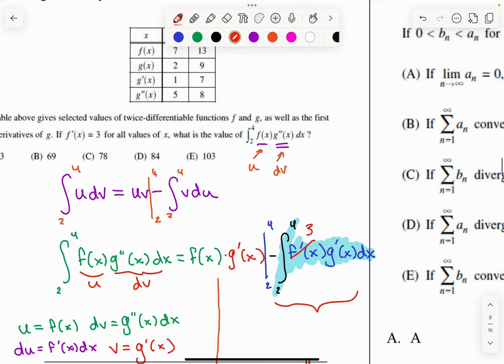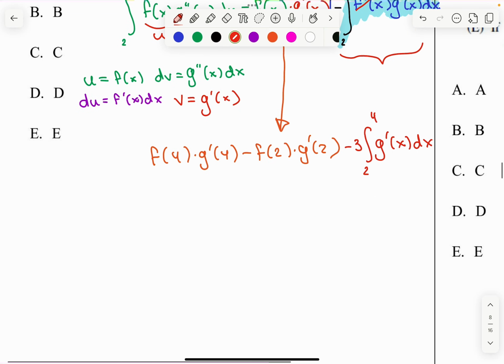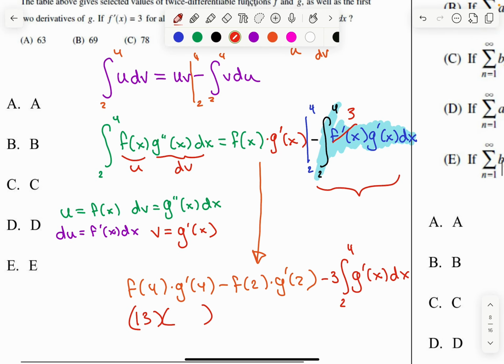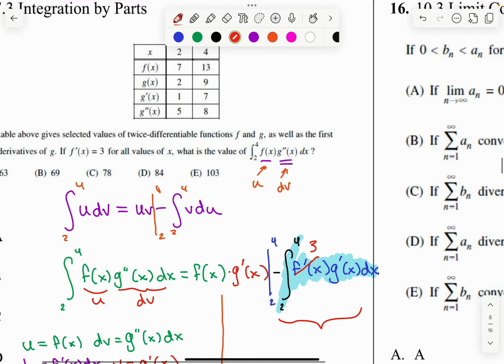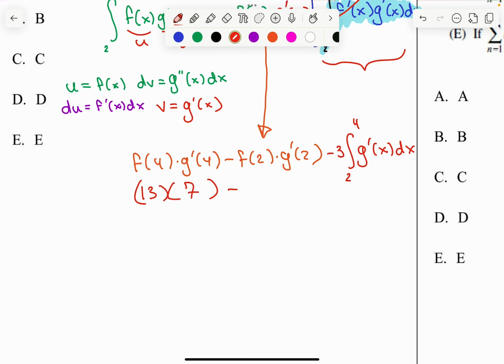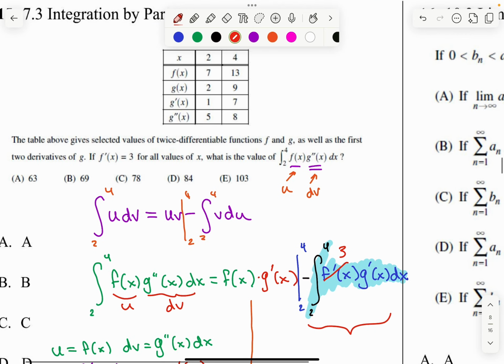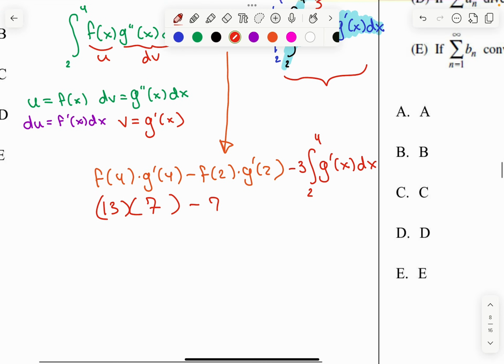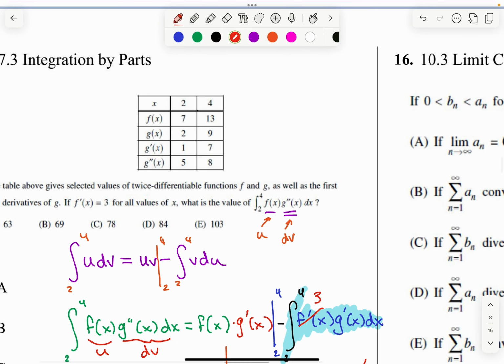f of 4, according to our table, is 13, so this becomes 13. g prime of 4 is 7. f of 2 is 7. g prime of 2 is 1.